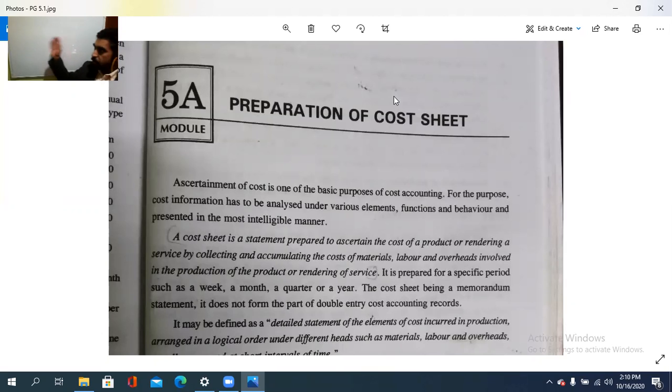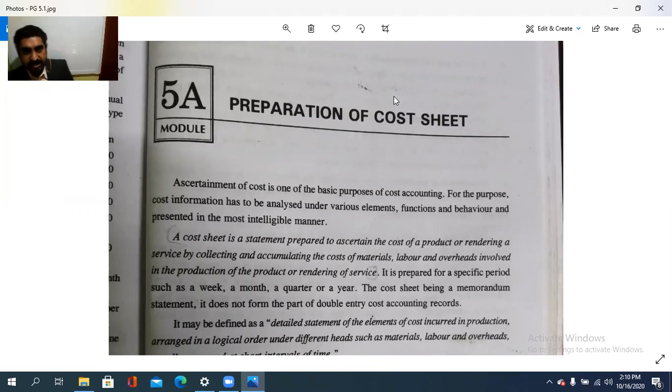So, in the production process or service rendering, what all the cost of the material, labor, and overheads is involved, or to what extent the proportion of labor to material to overheads is there in the production process or for rendering a service, that statement is called a cost sheet.